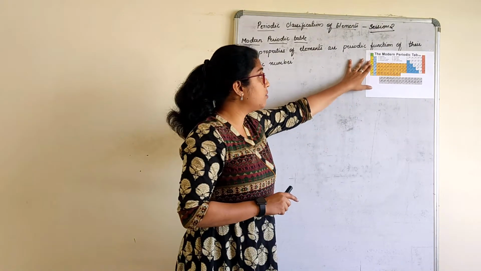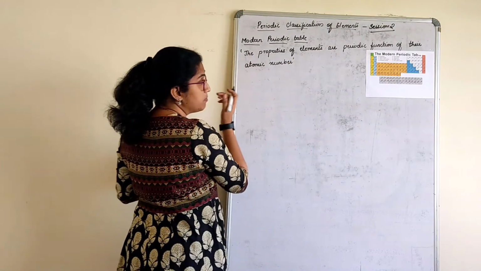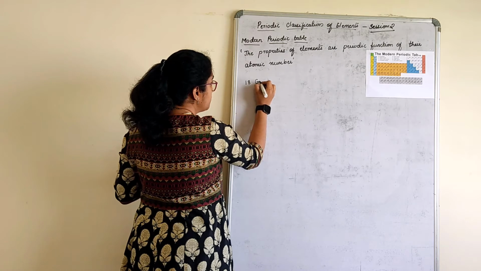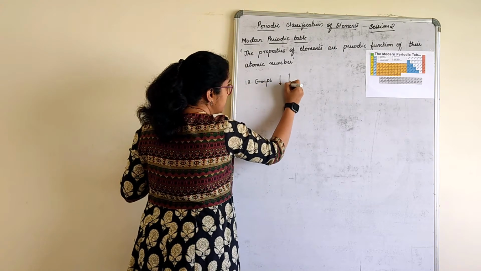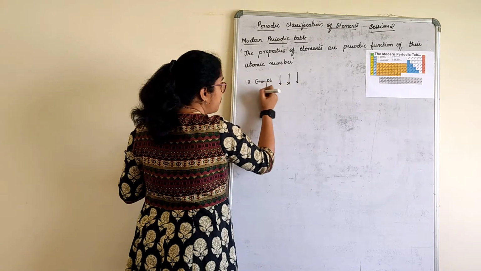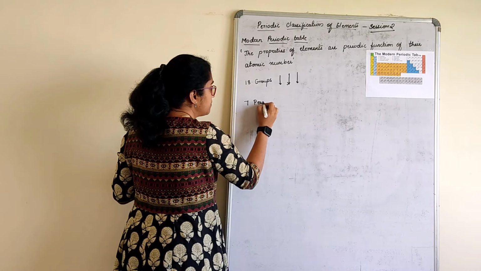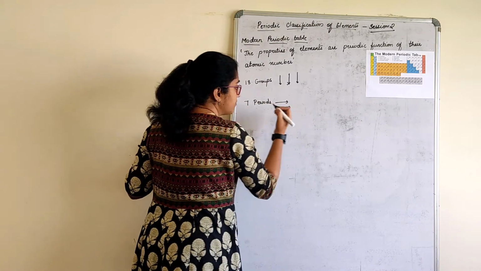Let us have a look at this table here. According to the modern periodic table, we have 18 groups. Groups are like this: group 1, group 2, group 3, and we have 7 periods, which are read like this.